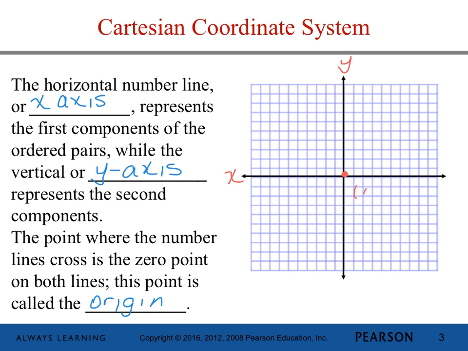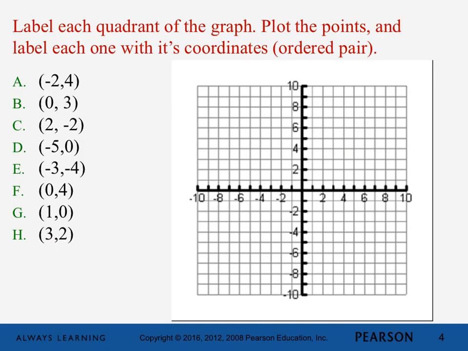And the ordered pair for that origin would be 0, 0, because that's the 0 point on both axes. As we'll continue our review now, we're going to talk about how you plot pairs. Those ordered pairs are called points.